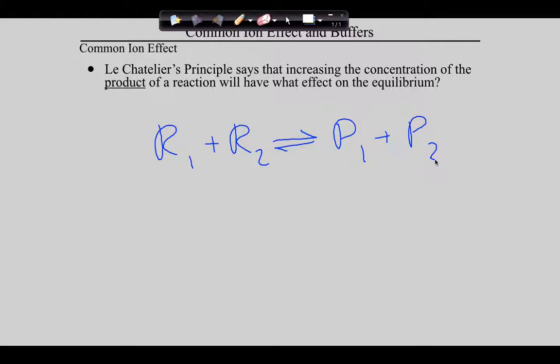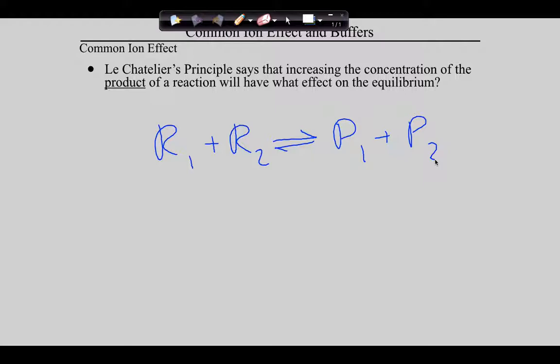Go ahead, Matt. Because there's more of P1 and P2. Okay, you'll be able to collide with the other product. Okay, and that will facilitate the reverse reaction. What happens, though, to the reverse reaction? There's one important term that you skipped over. Rate, right?